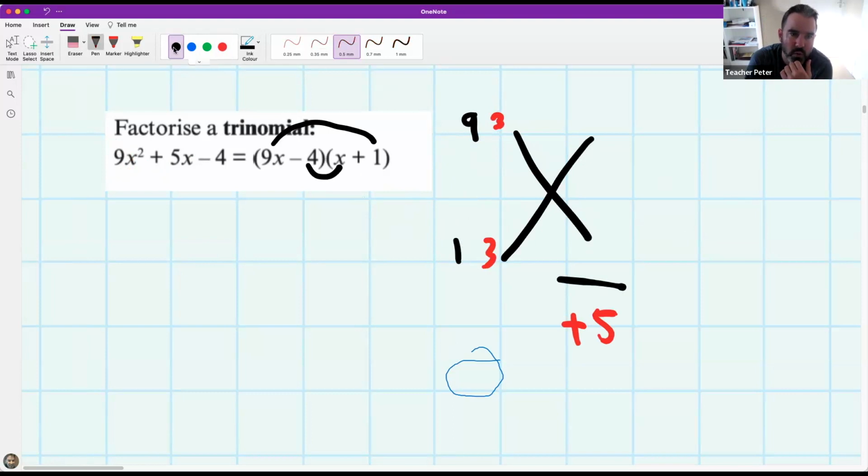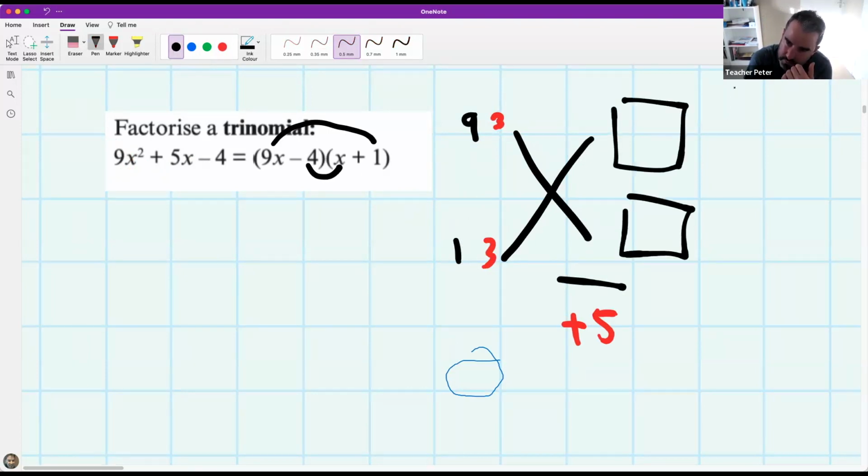Now, we have to choose numbers on this side. And these numbers come from the constant term. And we ignore the negative, we just deal with 4. Now, we have some more choices here. We either are going to put 1 and 4, or we're going to put 2 and 2 in the box.